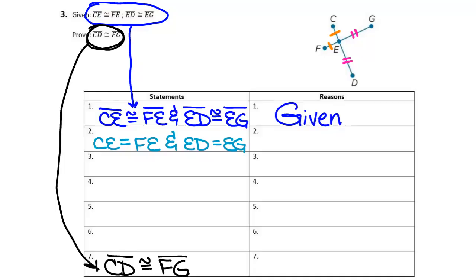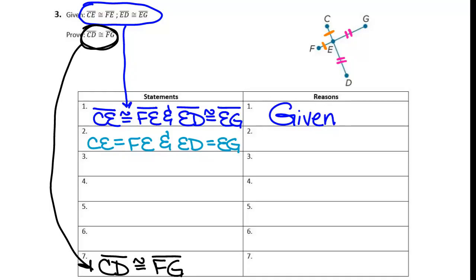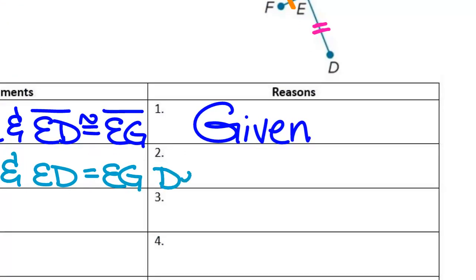Why am I allowed to say that? Didn't make any substitutions. I still have CE, CE, FE, FE, ED, ED, EG, EG. No substitutions happened. Yes, definition of congruent segments.